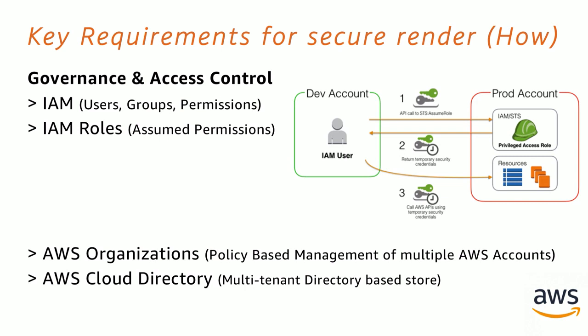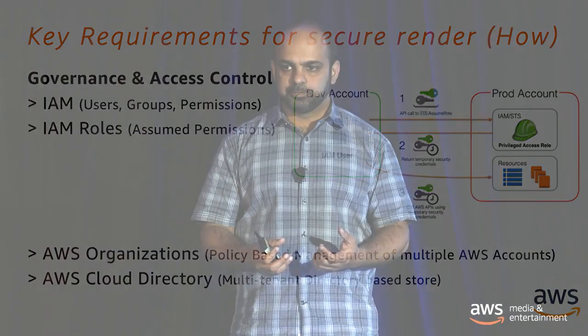For those of you who know the different principles within security, you would understand the least privilege principle. But basically it means providing the least privilege to a user within the dev account, who then on an as-needed basis can have access to a specific task.